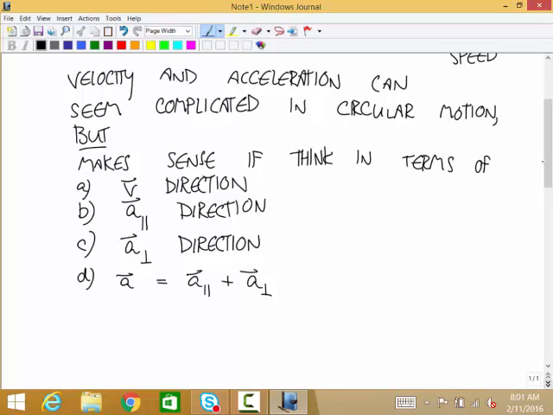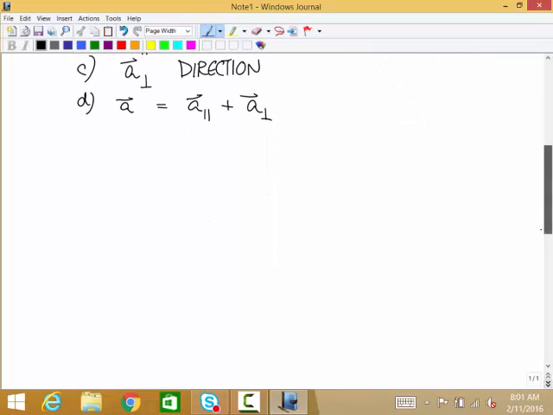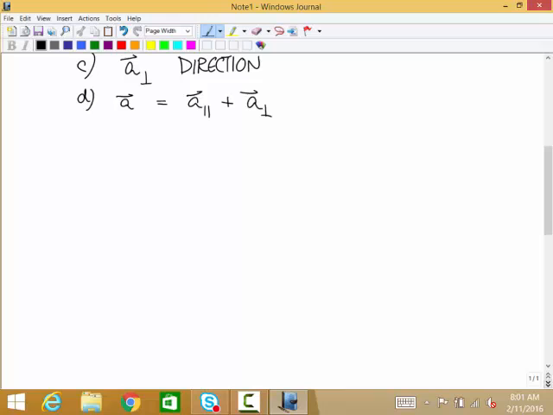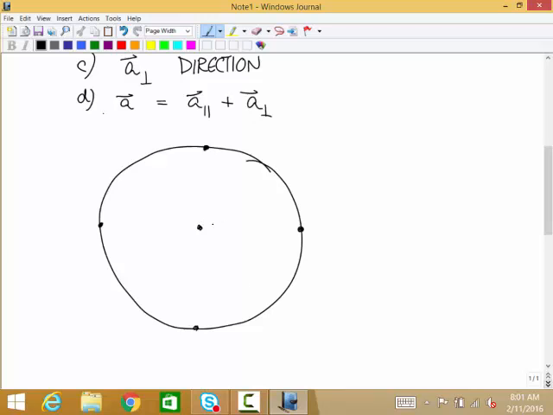So let's start by just thinking intuitively about these directions. Ooh, that's a good circle. So this is the center. Let's say that an object is moving counterclockwise around the circle.